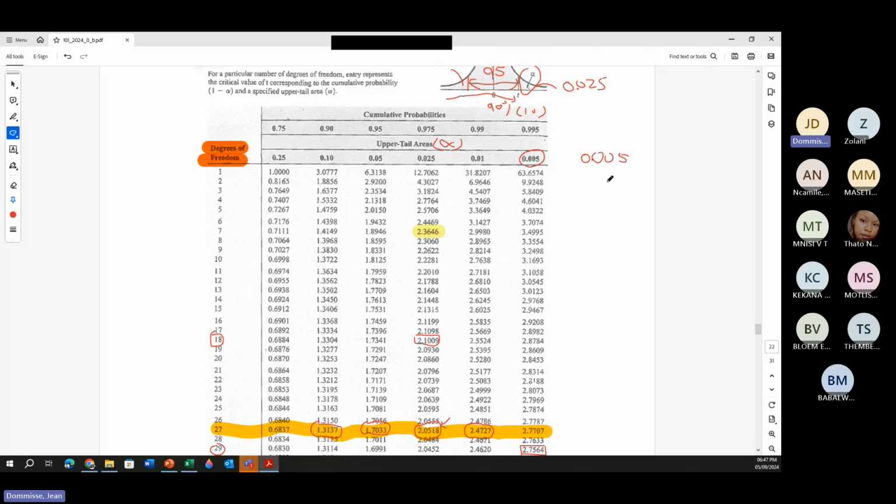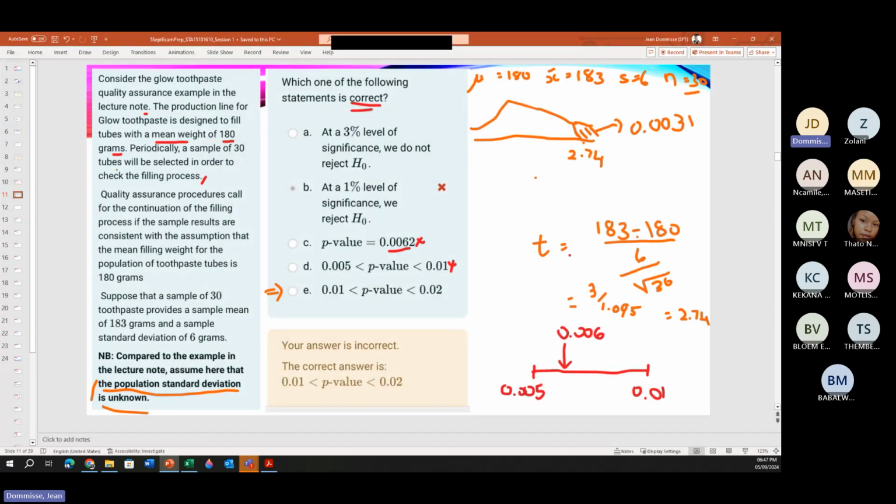So that times 2 is 0,01. Okay, but is that how they? It would have been interesting. I am going to ask the lecturer for what he's shown in the class as well.